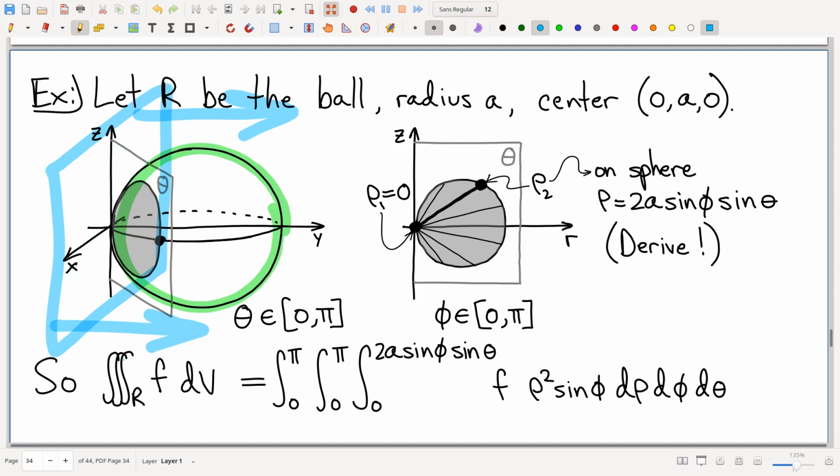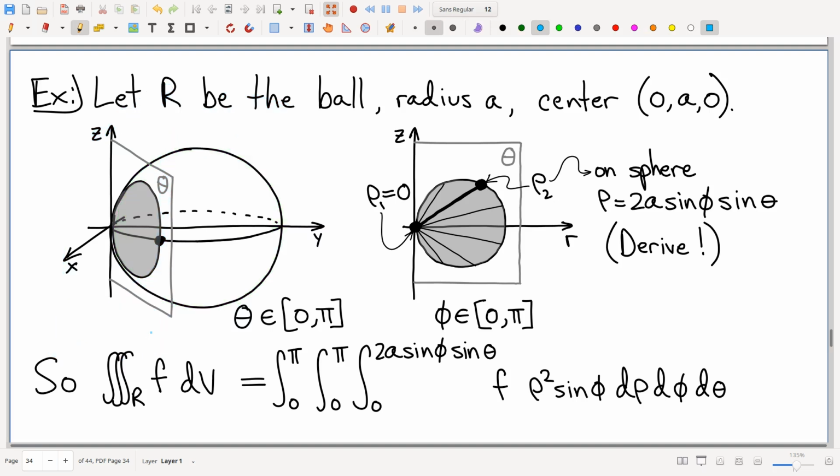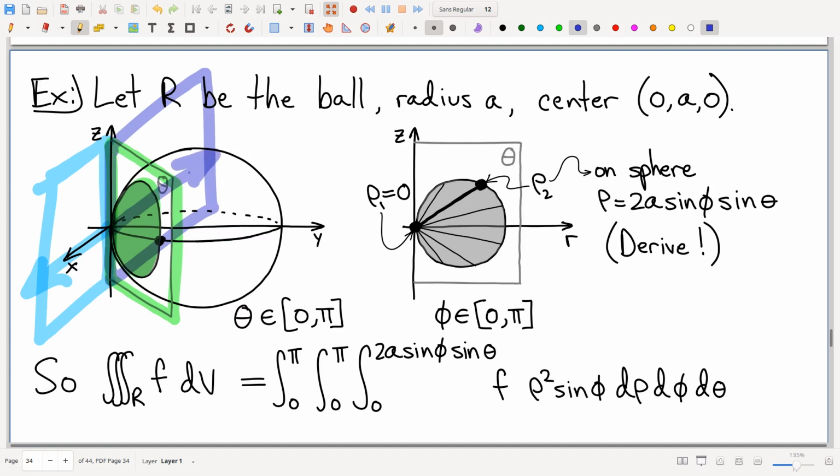So you've got to think about what these cross sections look like, and with this observation in mind about the XZ plane, in some sense you might say the surface is tangent to the XZ plane. With that in mind, and thinking about these theta slices being disks that look kind of like that, geometric appeal, again, purely geometric appeal, I say that our first theta slice is going to be like that in the x-axis direction, and then our last slice is going to be like that in exactly the opposite direction.